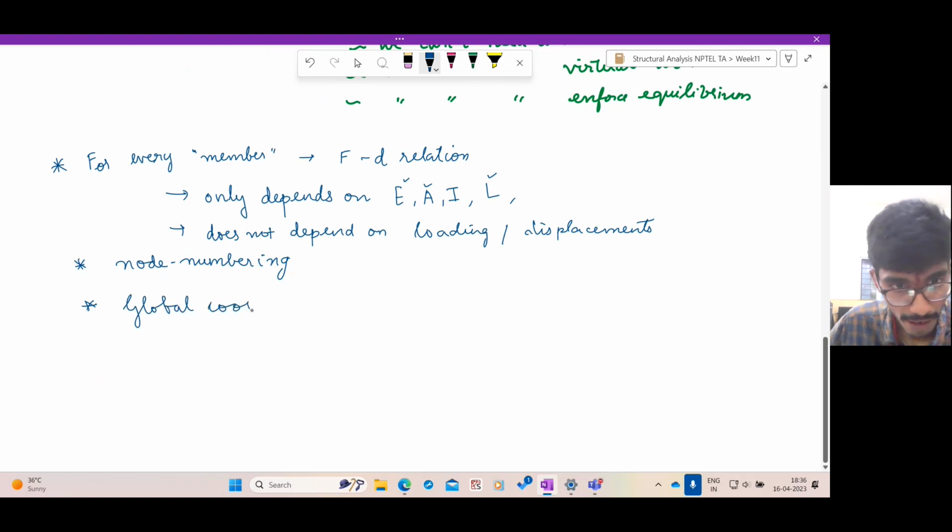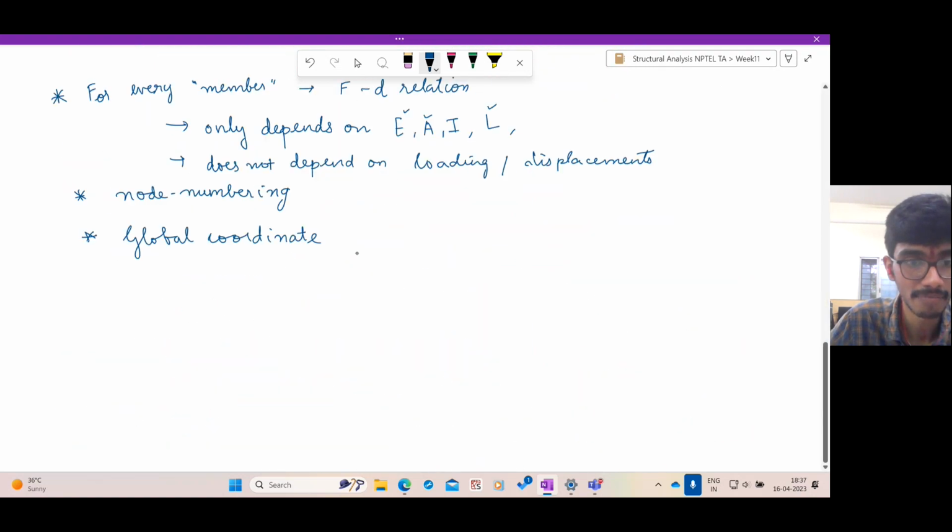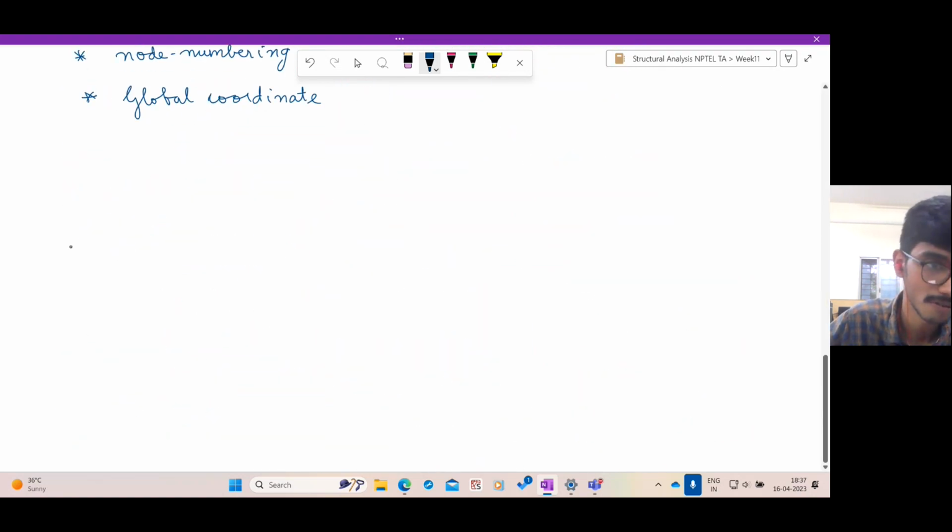Why? Because it is always easy to represent the displacements in one coordinate system. For example, if you take an inclined member, if you take an inclined beam like this, let us take a frame like this, and it is fixed in the same.